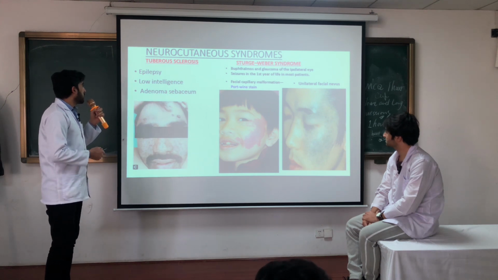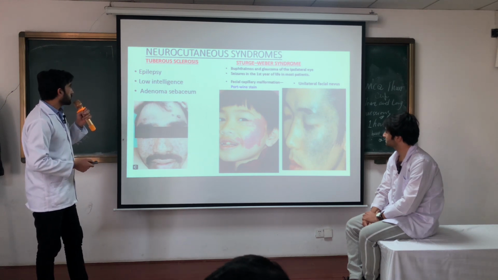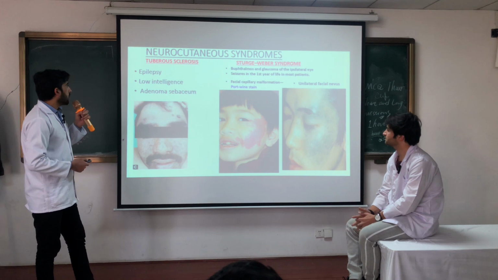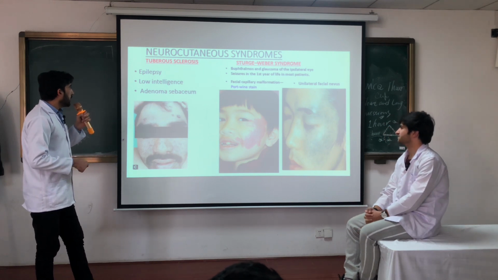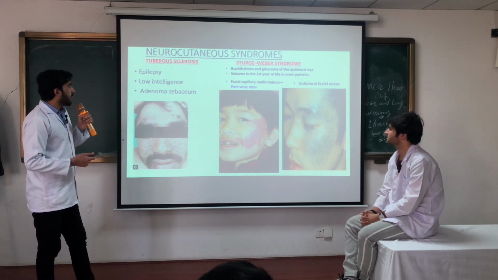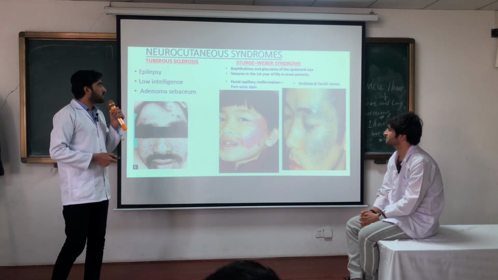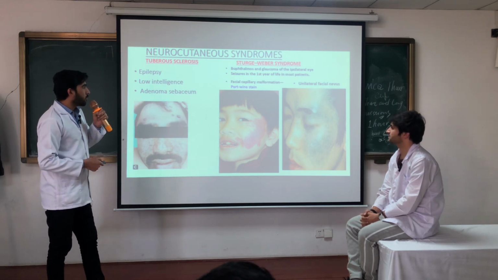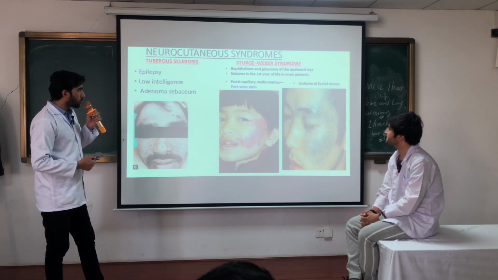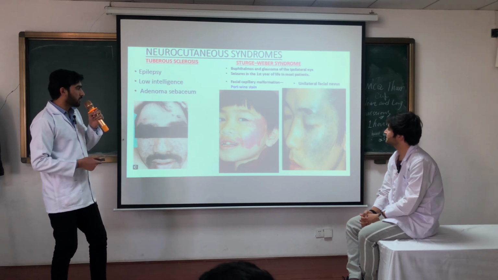The second condition is tuberous sclerosis, which involves epilepsy, low intelligence, and adenoma sebaceum, and Sturge-Weber syndrome, where there is involvement of the skin, which shows a port-wine stain and unilateral facial nerves.